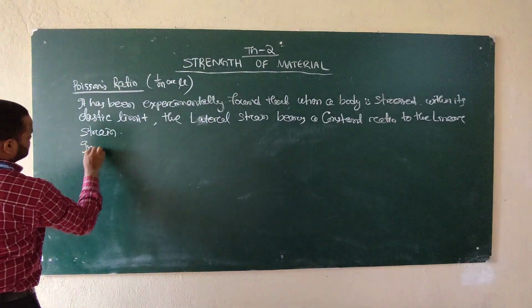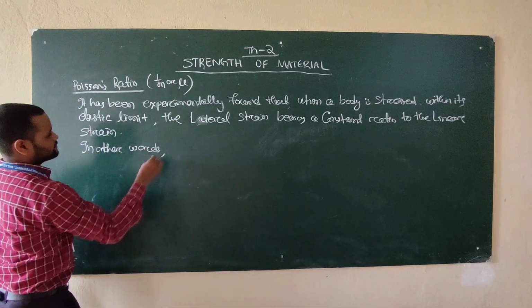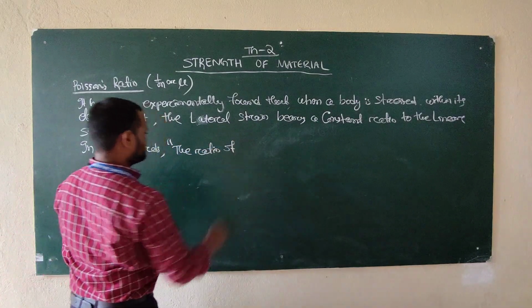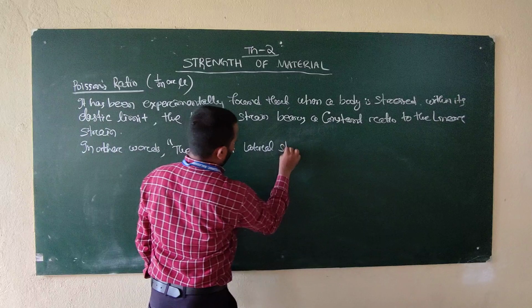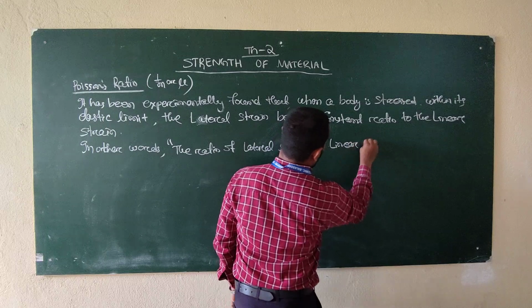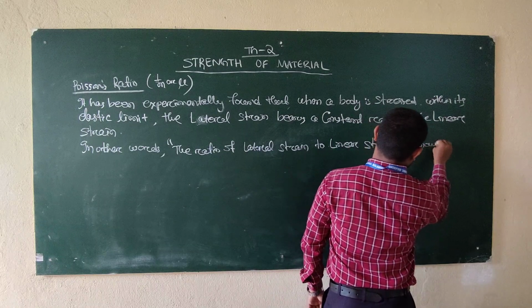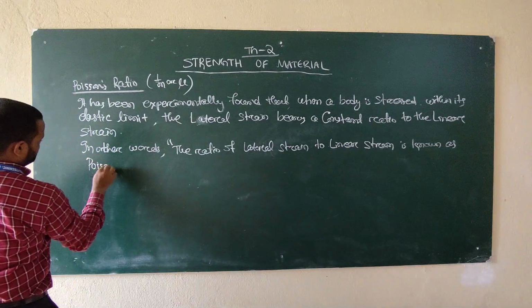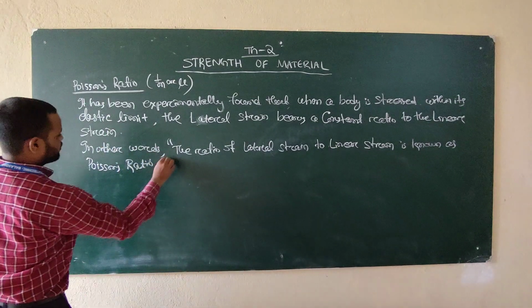Or in other words, the ratio of lateral strain to linear strain is known as Poisson's ratio.